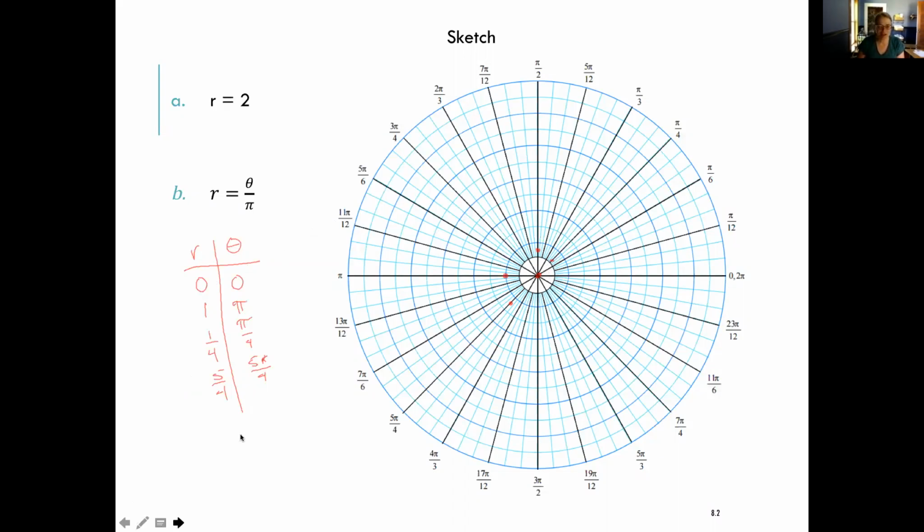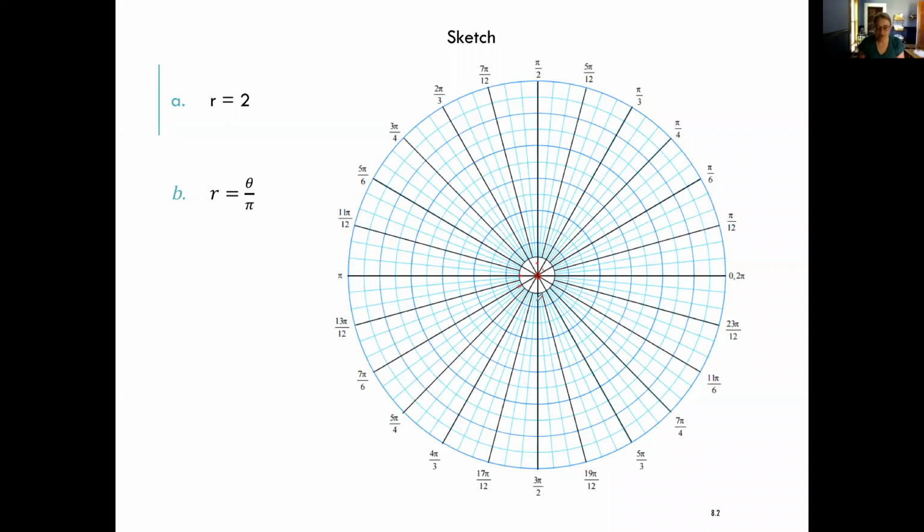We know we've got a point at 0, 0. If theta is pi over 4, my radius is 1/4, which is clear down in here. If theta is pi over 2, my radius is 1/2. If theta is pi, my radius is 1. If theta is 5 pi over 4, my radius is 1 1/4.